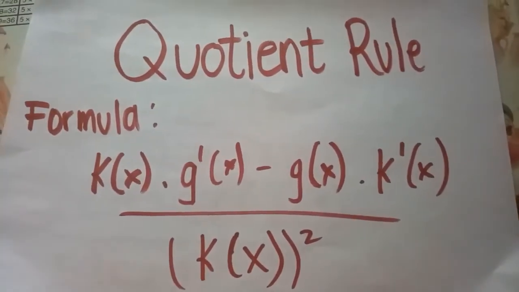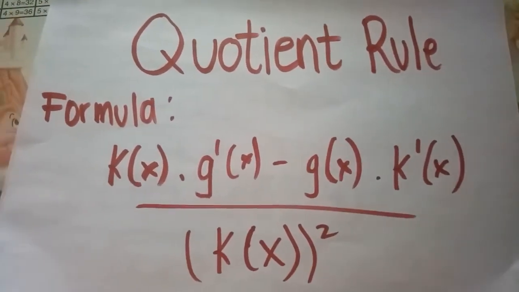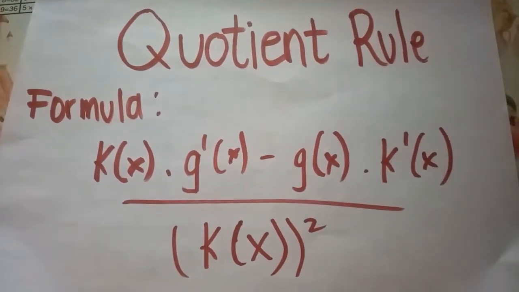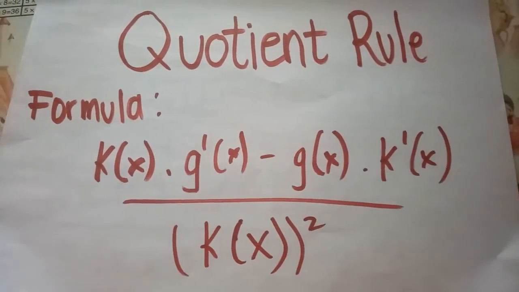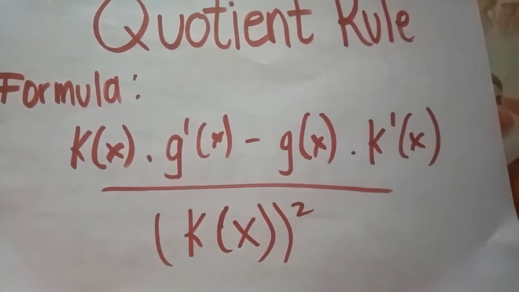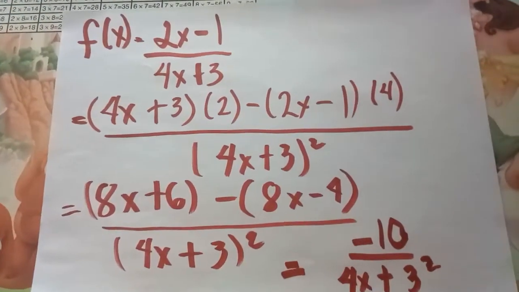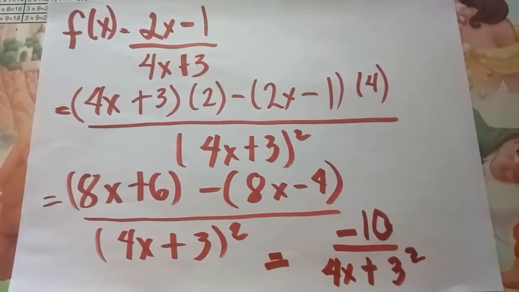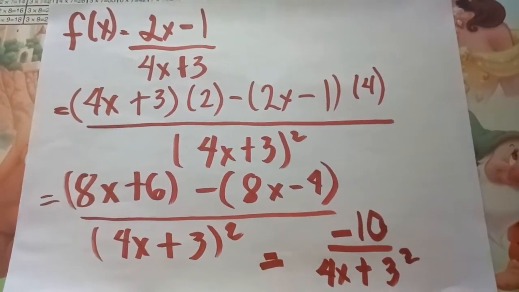Quotient rule. Our formula is k of x times g prime of x minus g of x times k prime of x, over k of x squared. Our problem is f of x is equal to 2x minus 1 over 4x plus 3.